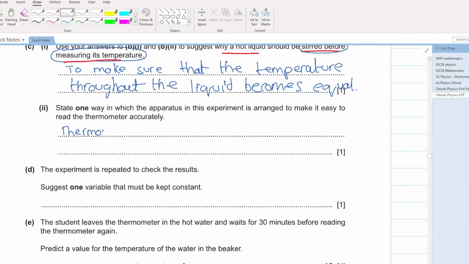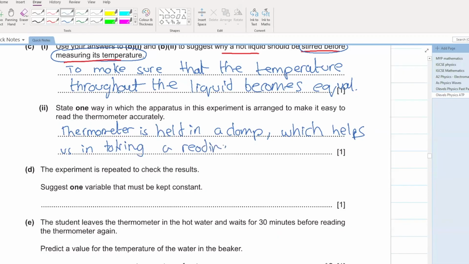Thermometer is held in a clamp, which helps us in taking a reading without parallax error.